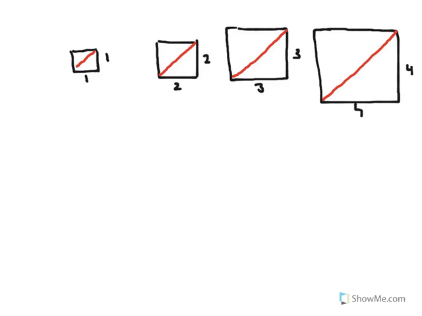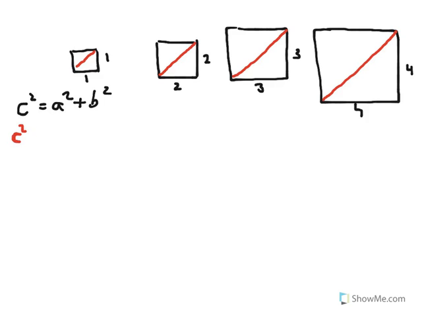We are able to work out the diagonals of these 4 squares. The first square is 1 centimeter long and 1 centimeter high. So if we're going to work out our formula using Pythagoras, c squared is a squared plus b squared, where c squared here is the red hypotenuse.